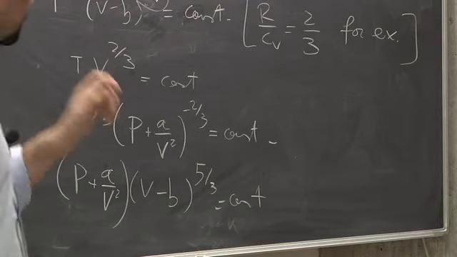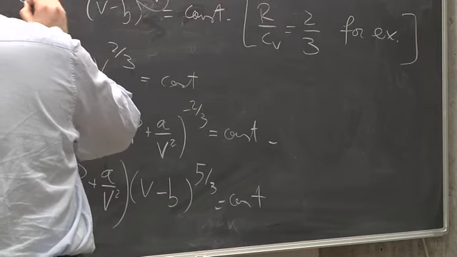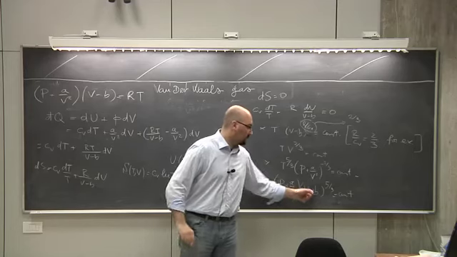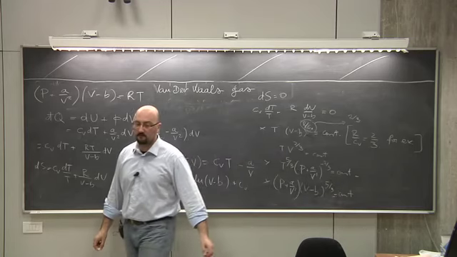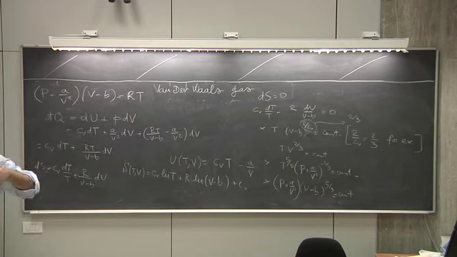And also here, if you put A and B equal to 0, you find the equation of state on an adiabatic transformation.